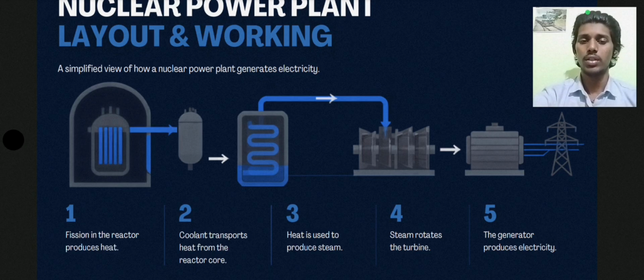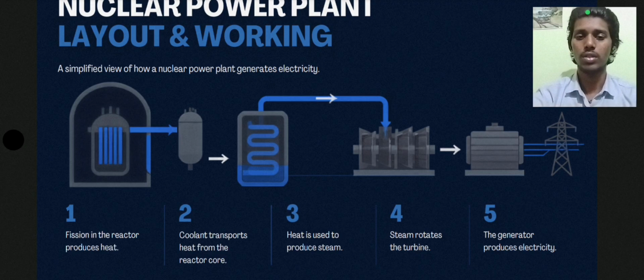In step three, using that heat, water is heated to a very high temperature and becomes steam. That steam is transferred through the pipe to the turbine, which is connected to the generator. As the turbine rotates, the generator starts producing electricity.